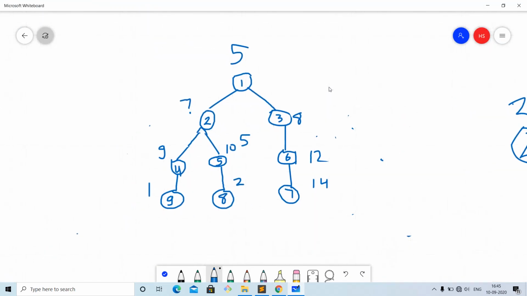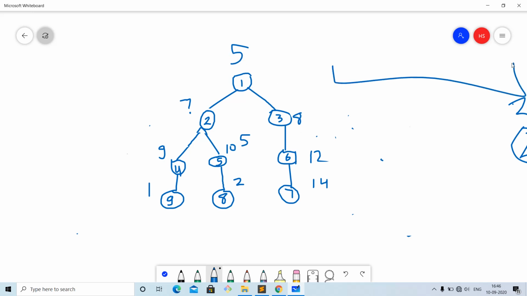Let us try to understand this more with the help of another example. I have drawn one more tree where we have a bunch of vertices and the numbers also written on the vertices. First of all, we should understand that for the root vertex, we should not drop the number on the root. We should keep it as such. So the answer for the root is always the number on the root.